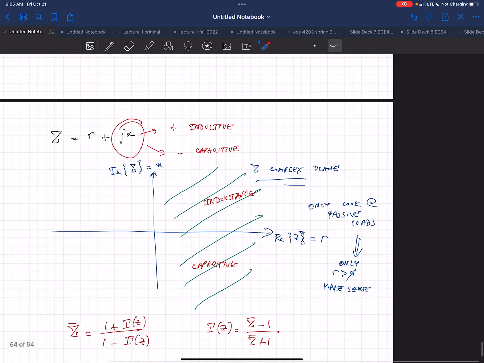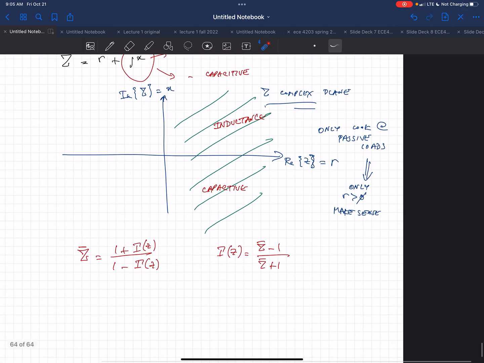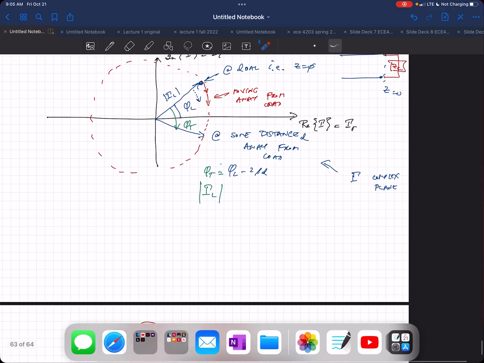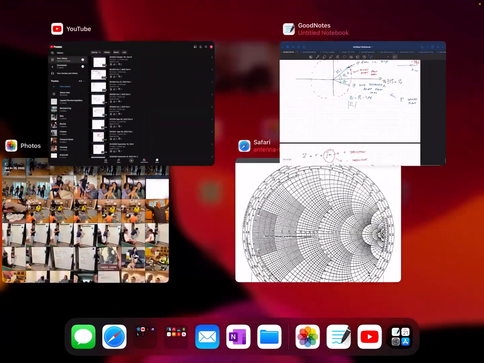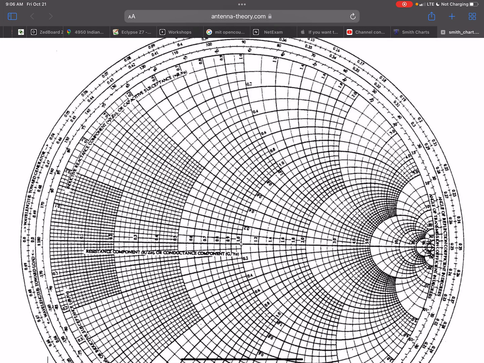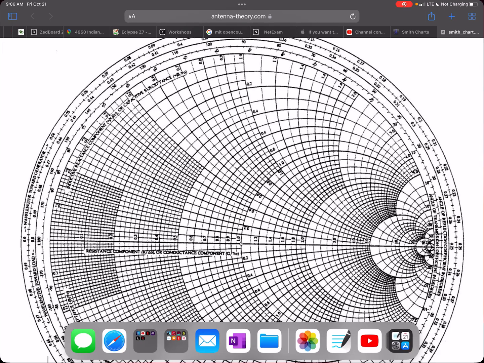I'm trying to move this z into this plane so I can draw them at the same time. So our Smith chart will have information, at any point, about both the reflection coefficient and the impedance. And you can just read that off the chart. And that's what we're doing.